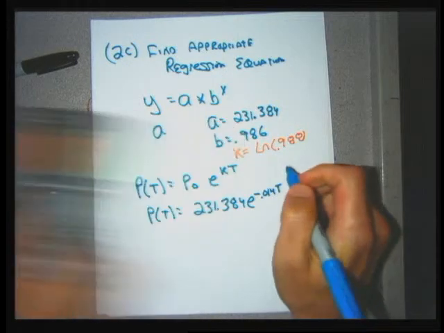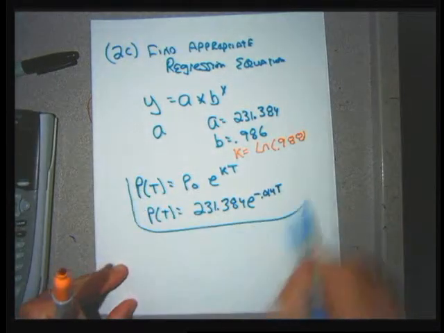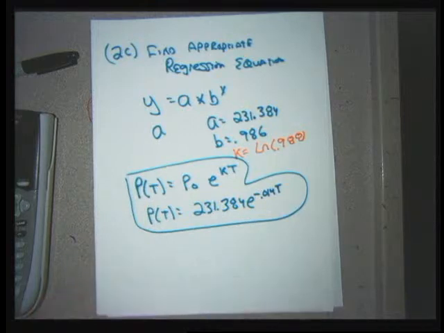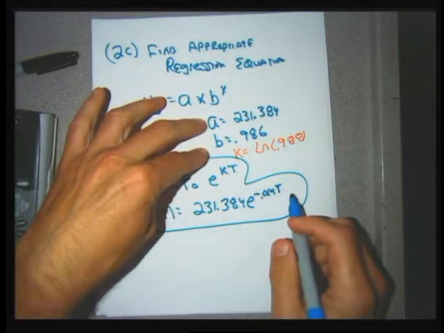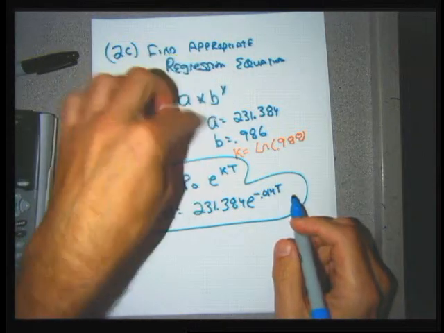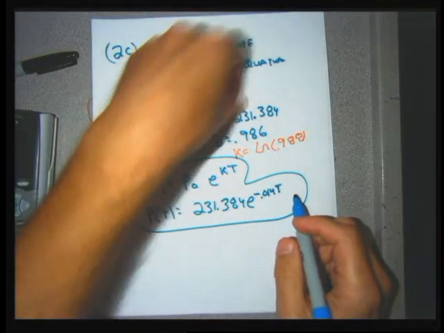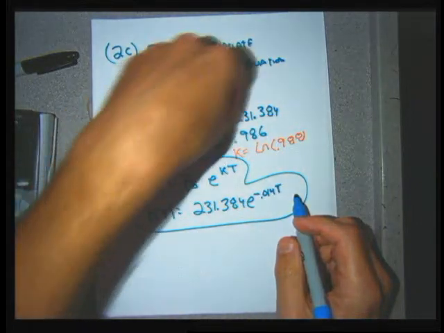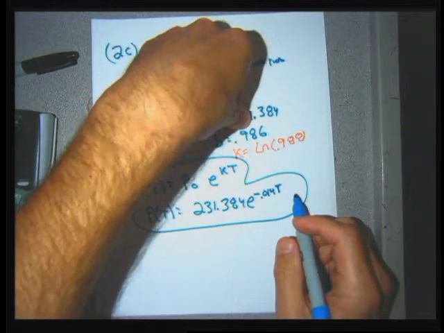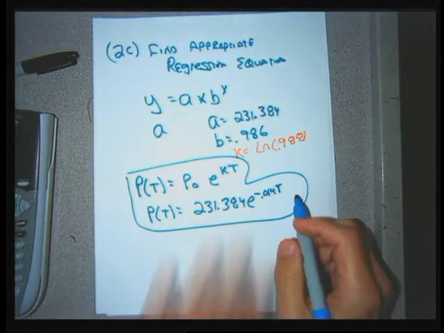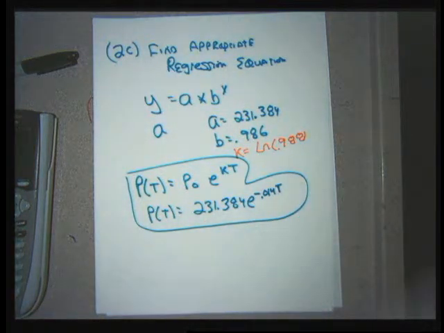So the equation that I'm going to use to answer questions about the engine temperature is P of t equals 231.384 times e to the negative 0.014t. That's taking the values that my calculator gives me when I do exponential regression, making P sub 0 equal to a, and making k the natural log of b. This is the equation I'm going to use to answer the question in part 2D.